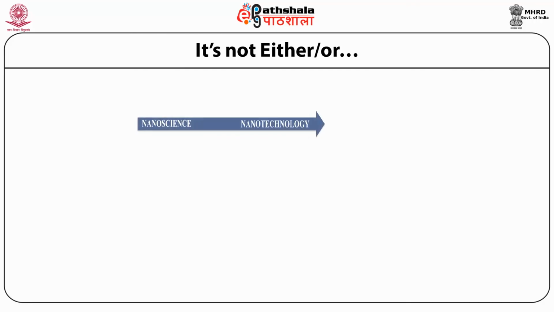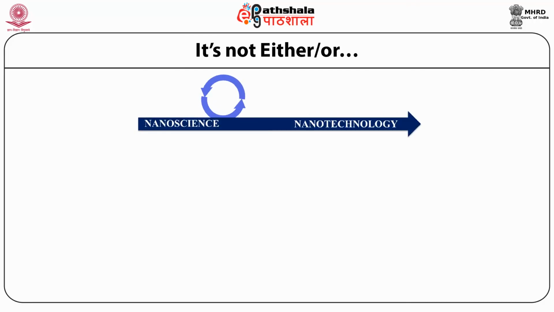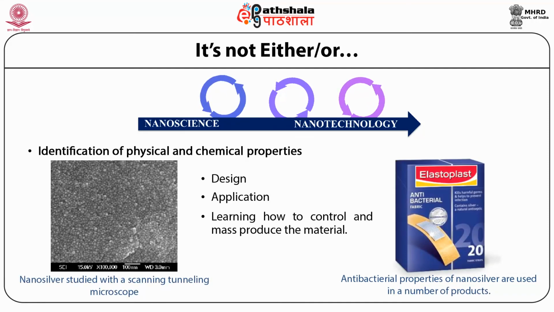So let us now compare nanoscience and nanotechnology. Nanoscience consists of the identification of physical and chemical properties. As you can see over here, nano silver is studied with a scanning tunneling microscope. Next is nanotechnology, where we have to design for a certain kind of application.